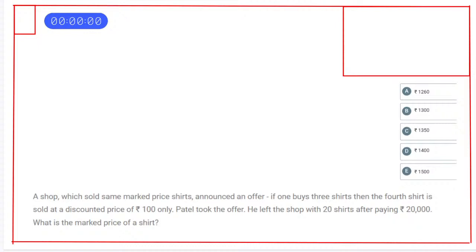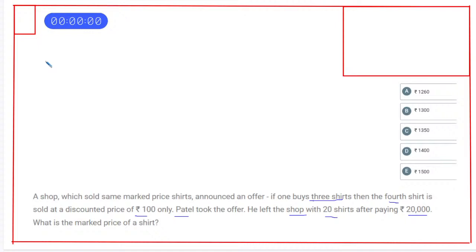All right, so let's start this question. We have this offer that when you buy 3 shirts, you get a fourth shirt at the price of 100 only. And Patel took the offer and took 20 shirts after paying 20,000. So 20 shirts are there.